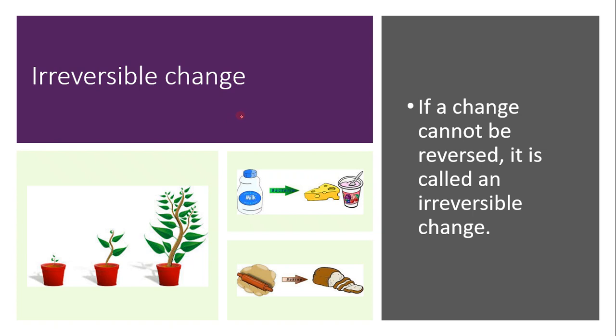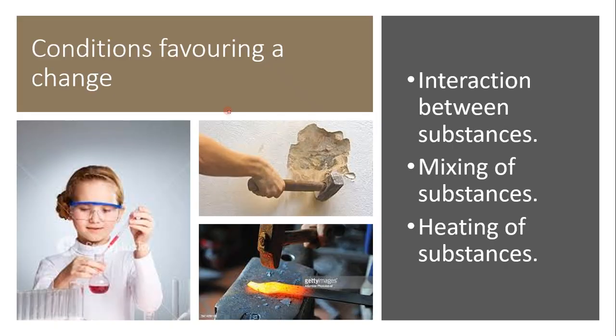Hope the examples make you understand. Conditions favoring a change. Interaction between substances, like putting iron into the bread like that. Mixing of substances like this. Heating of substances to get glass. What are they doing?